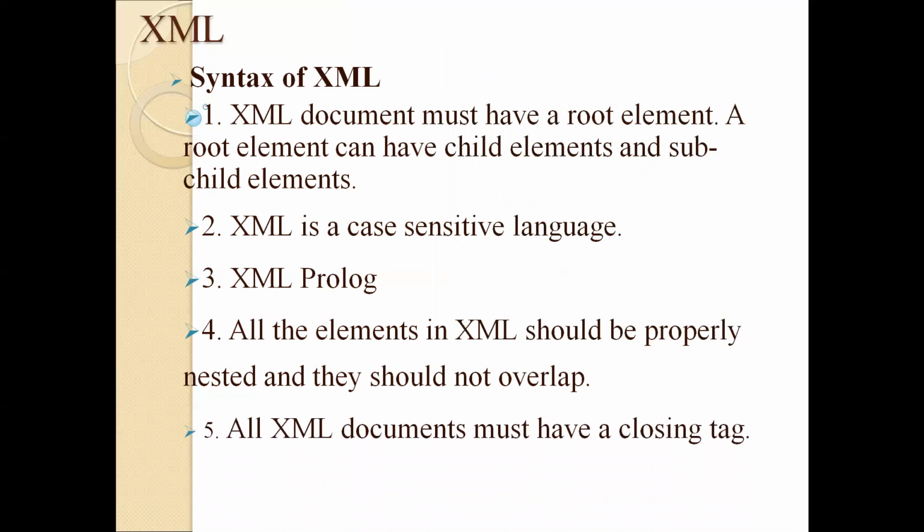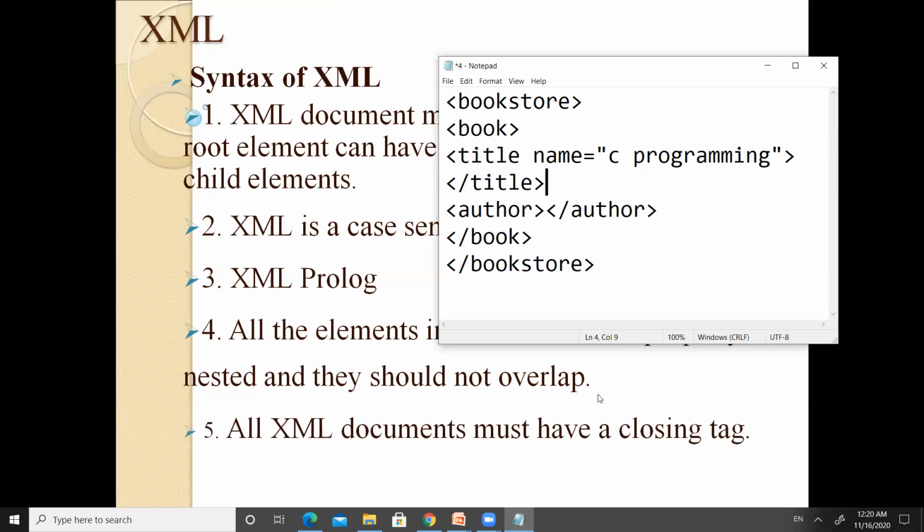all XML documents must have a closing tag. See here, we have seen this point in the differences also. For example, I have forgotten writing this point. So it is an error in XML.